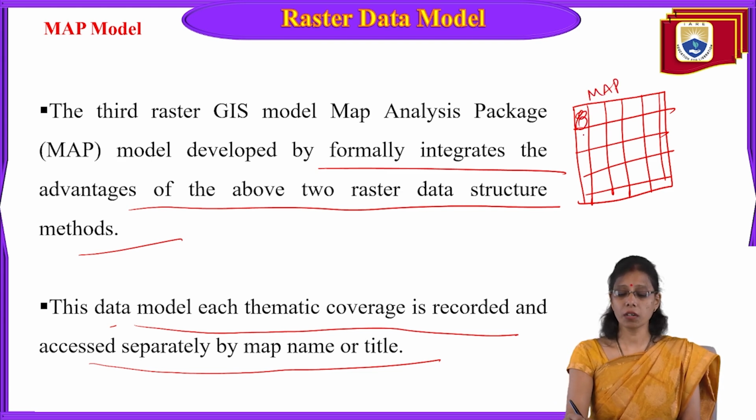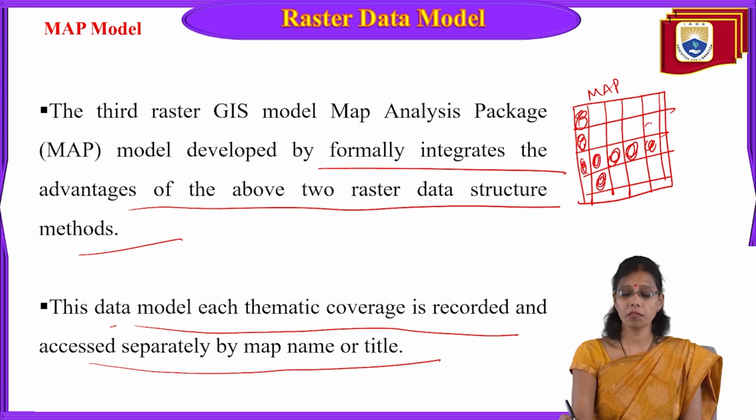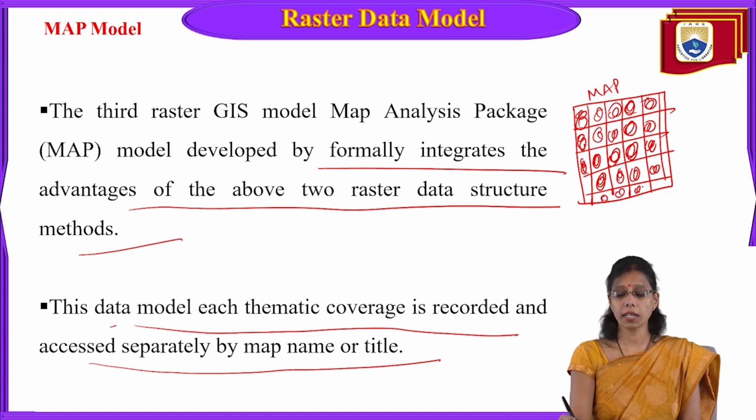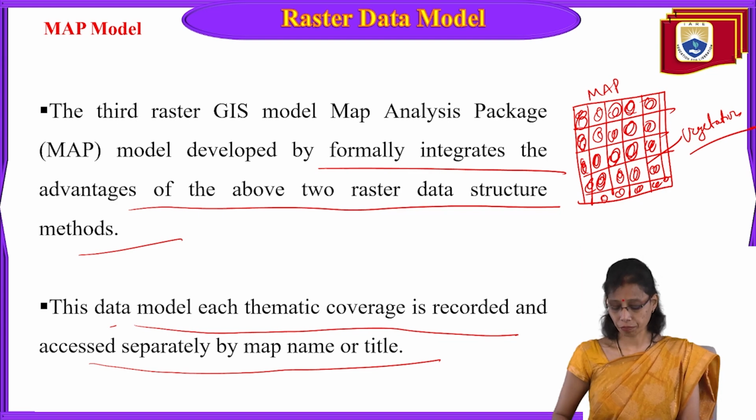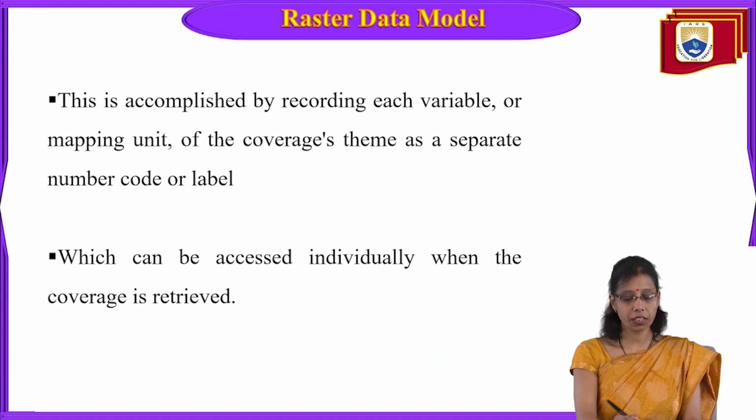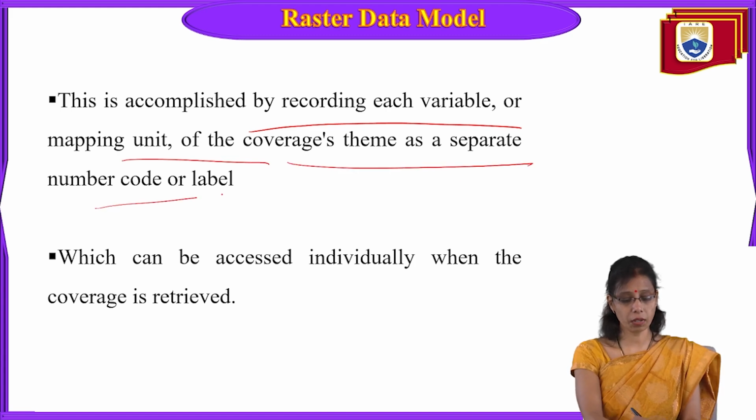If it is vegetation, the whole map will be with the same color. So this is called the map model. The same color is vegetation, so the entire grid will be covered with vegetation. This is also one form of representation of the raster model. It is accomplished by recording each variable map unit of a coverage theme as a separate number, code or label, which can be accessed individually when the coverage is retrieved.